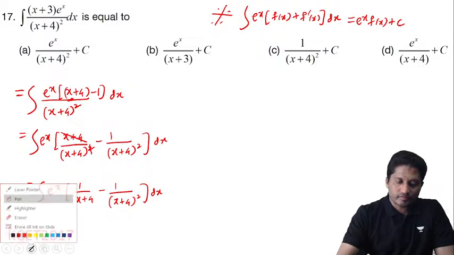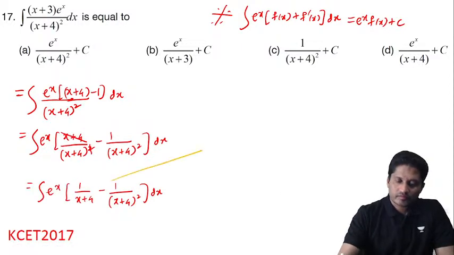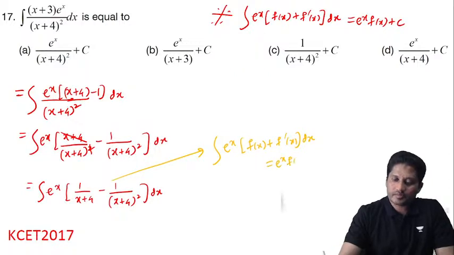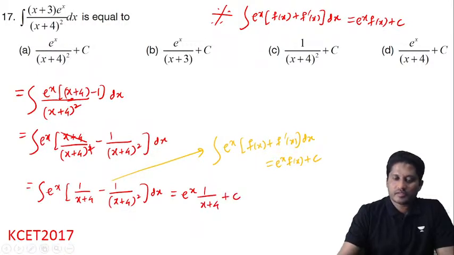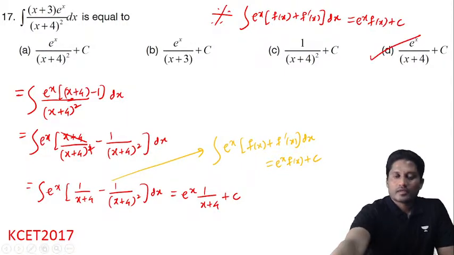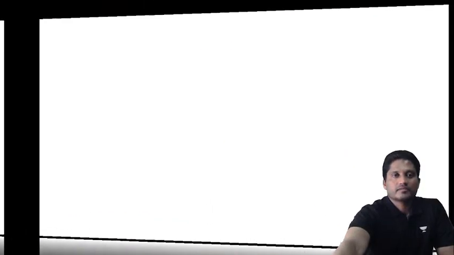Now this is of the form e power x into f of x plus f dash of x. The formula is e power x f of x plus c. So this is equal to e power x times 1/(x+4) plus c. The answer is option D. Let's move to the next question.